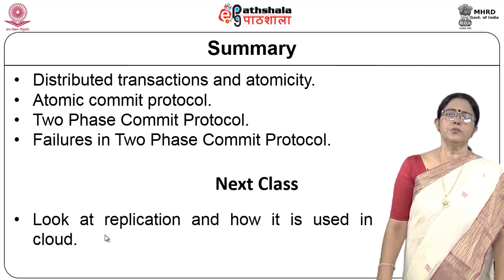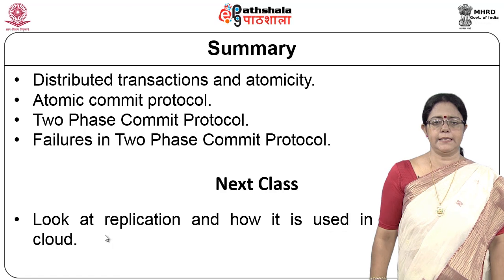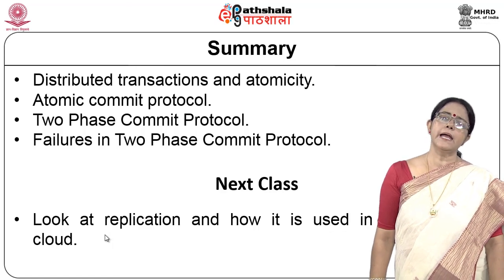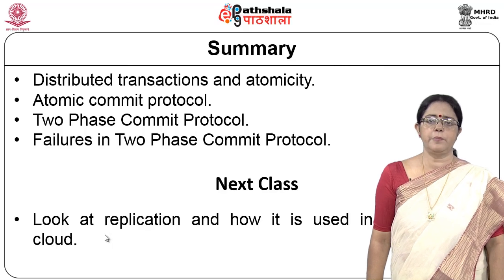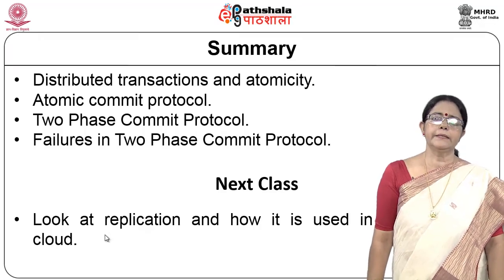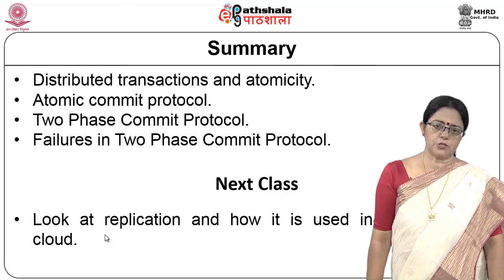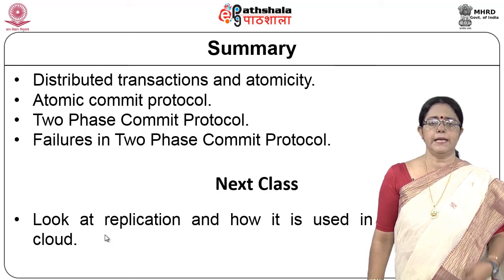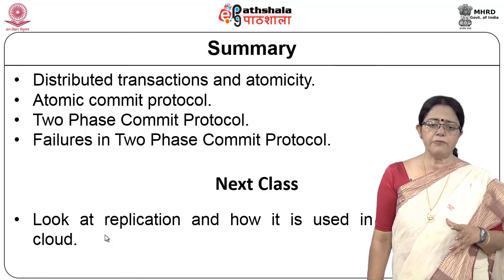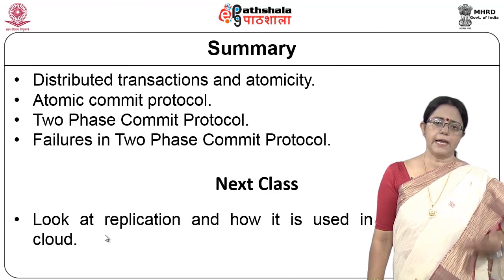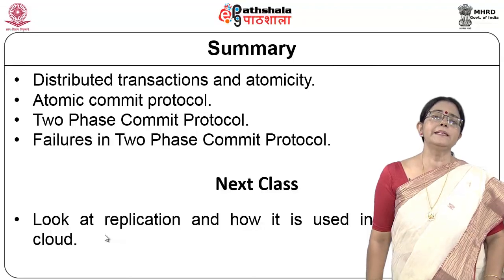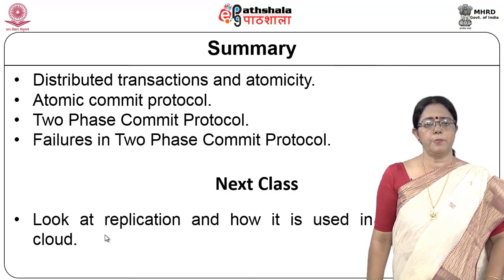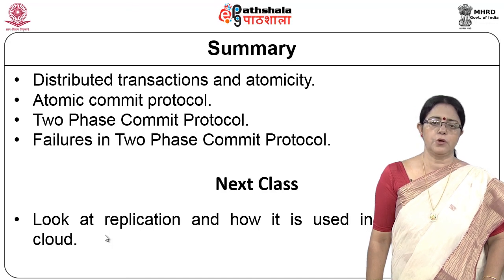So, to summarize today's lecture, we looked at distributed transactions and the atomicity property, and then we looked at an atomic protocol. Generally, an atomic protocol has a coordinator that coordinates with the servers. We specifically looked at the two-phase commit protocol after doing a brief one-phase commit protocol also.